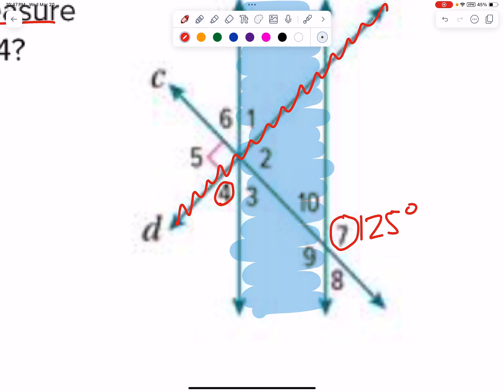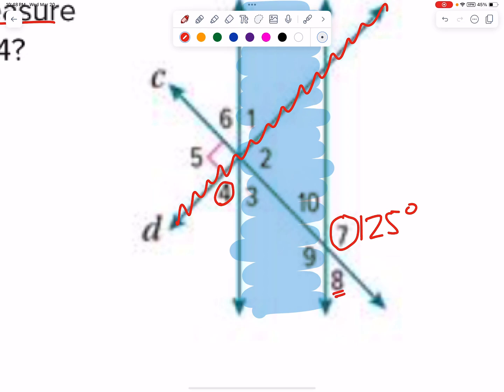The corresponding angle would be both of these combined, so that doesn't really help me yet. So let's figure out some other ones. I know that this here equals 90, so those both together equal 90. Let's work our way around some other spots here.